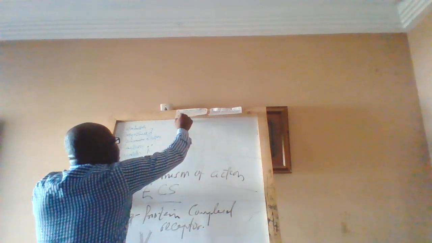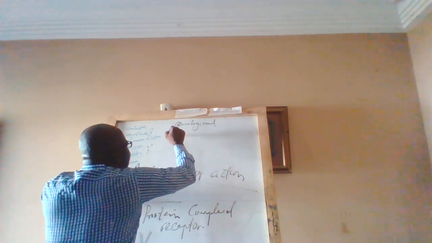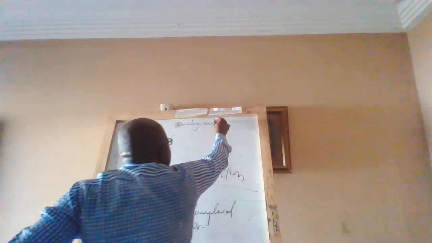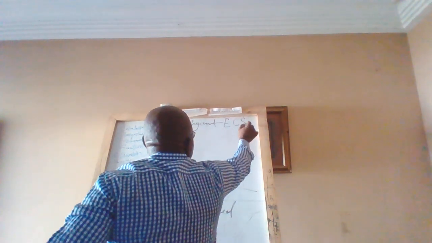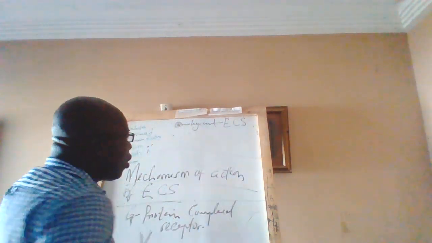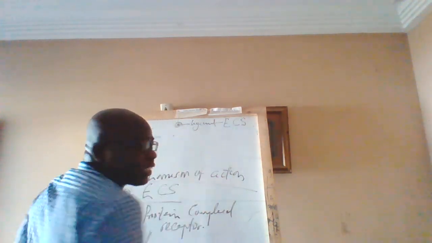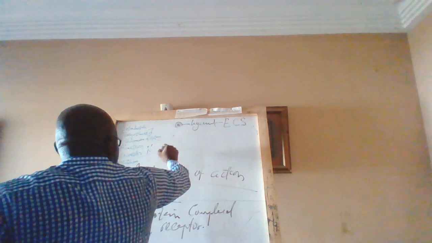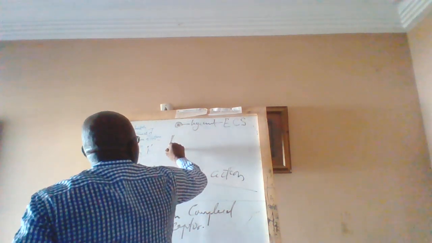So we have a ligand, which is an endocannabinoid ligand. They bind at the surface of the membrane, right?